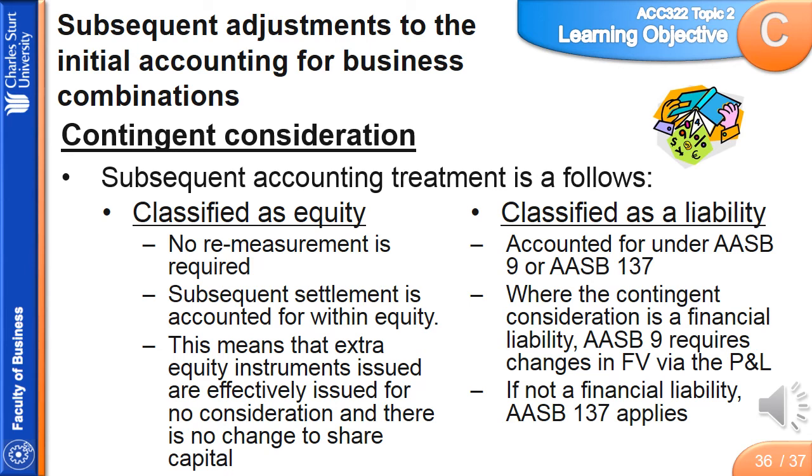So when the consideration is a financial liability, AASB 9 requires the changes in fair value to be done via the P&L, the Statement of Comprehensive Income, within the profit and loss section. If it's not a financial liability, you apply AASB 137. And also just to note that these subsequent adjustments do not affect the goodwill calculated as at acquisition date.